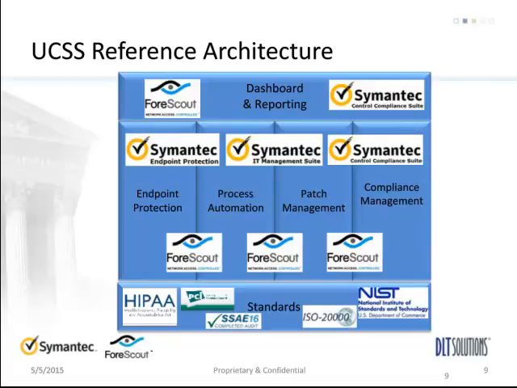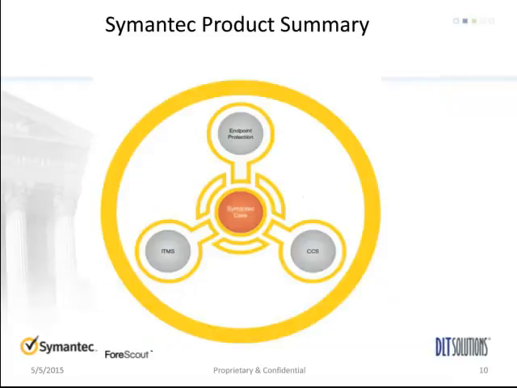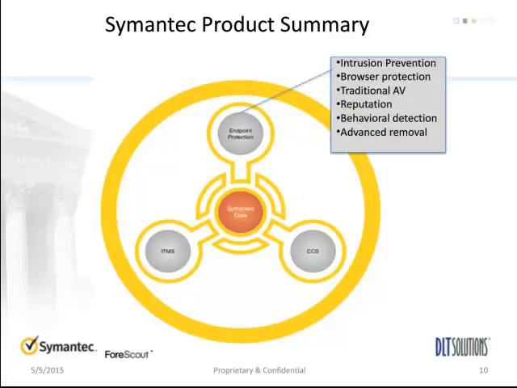So I want to talk real briefly about some of the Symantec products that made up the core of that presentation, which we went over in the last webinar. We have our Endpoint Protection. This is a host-based anti-malware, antivirus, anti-bad-stuff tool. It's top notch in the industry, and one of the most highly rated in terms of effectiveness in this category.